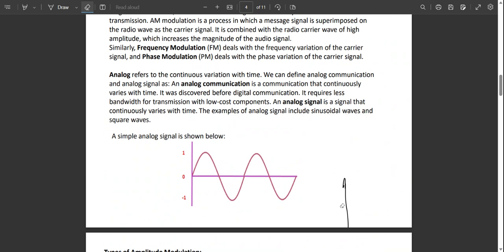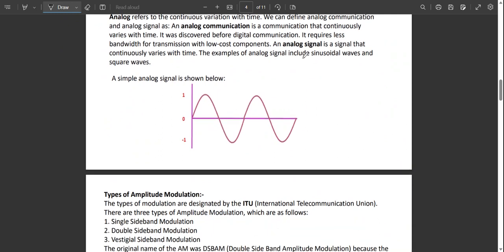Okay, so it will be clear if I draw the frequency response of that signal. This is the carrier part.